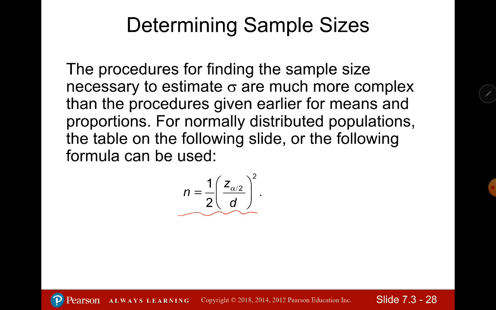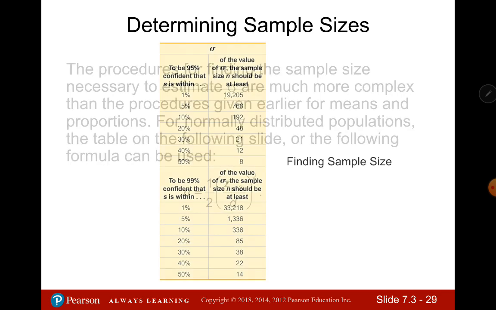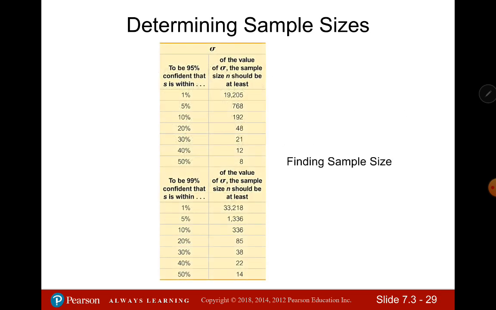If we talk about the sample size, we always use z, okay? Just one critical value, it's just z. But it's complicated to use that formula. So maybe we can just check the table to find the sample size. So you can use the table to find the corresponding sample size.